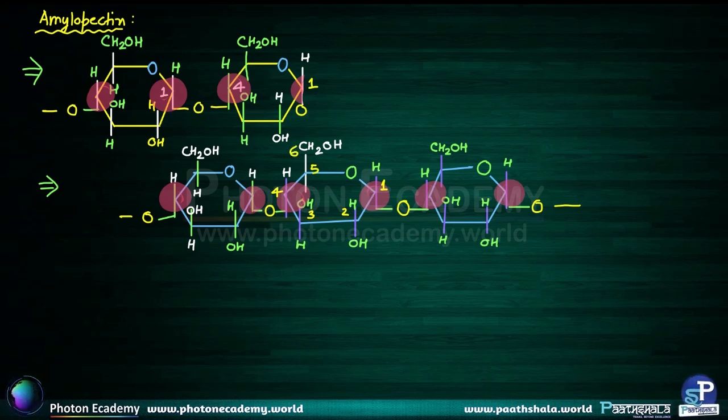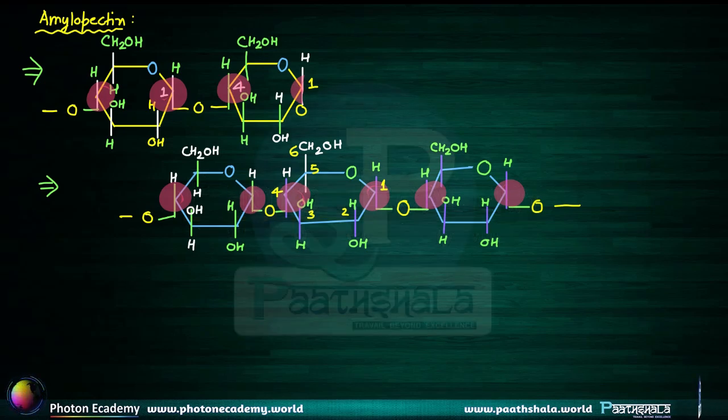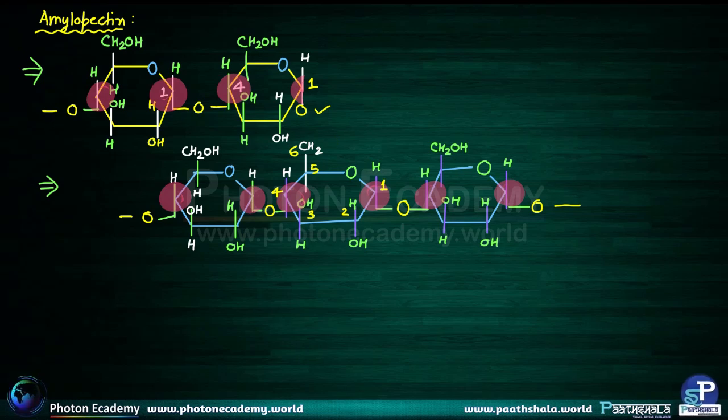Now this sixth carbon and this O will form a chain. And how do they do that? So this CH2, we lose a water molecule when a glycosidic linkage is formed. So a water molecule is lost: H from this particular O, and OH from this particular CH2. Now these two combine. Can you see this combining bond now?